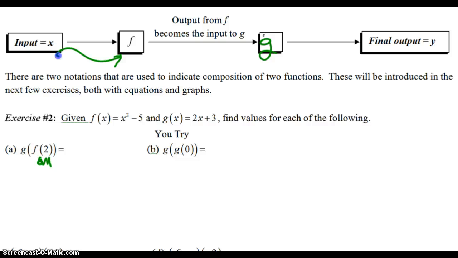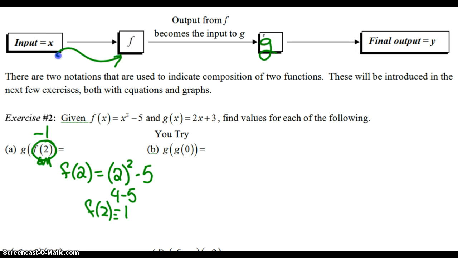G of f of 2 means that I'm first going to be dealing with the function f. F of x right here is x squared minus 5. So you're going to say, okay, f of 2 is going to be 2 squared minus 5. So I've got 4 minus 5 is going to be negative 1. That is our f of 2 value. So you could rewrite f of 2 as negative 1.